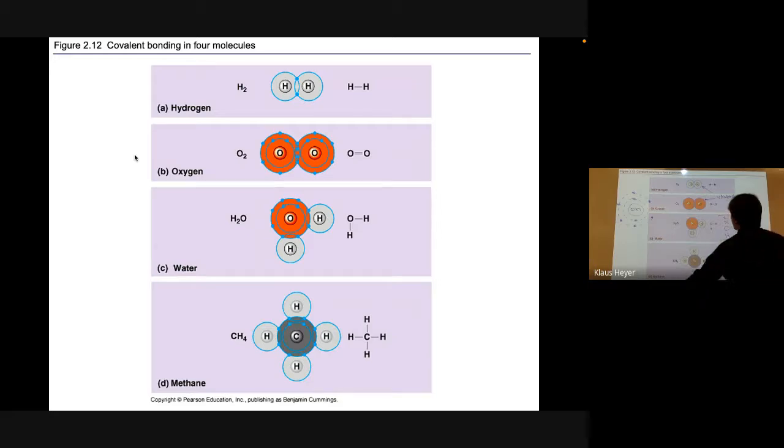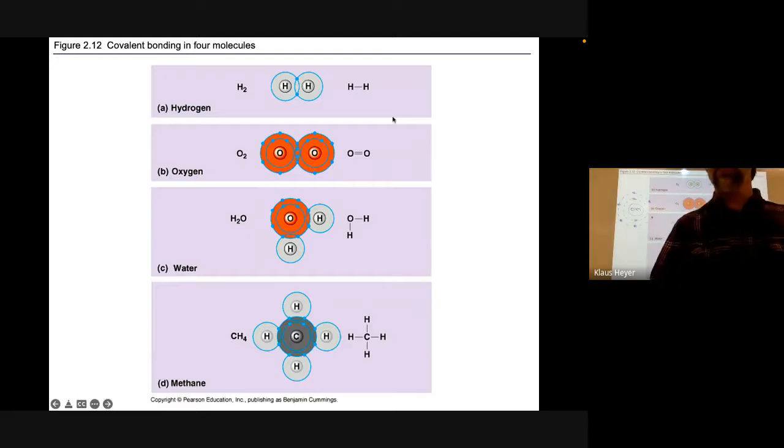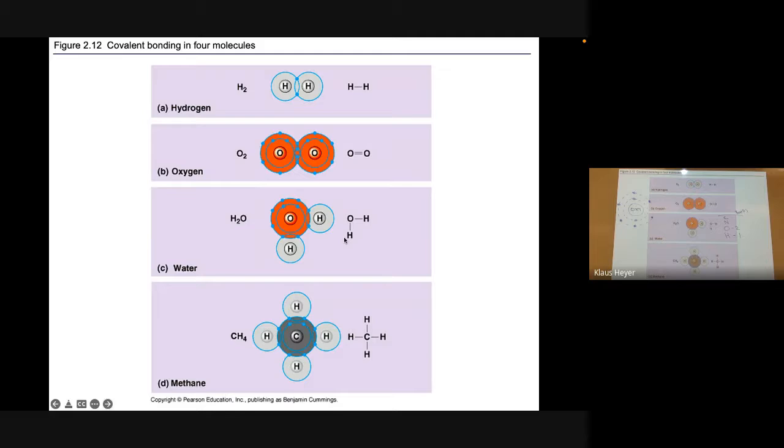We call this a double bond, by the way. When it does 2, you're not going to see that very often. But that's a double covalent bond. That second one, oxygen, this is an example of a double covalent bond. And this is a case where oxygen is grabbing onto 2 hydrogens.